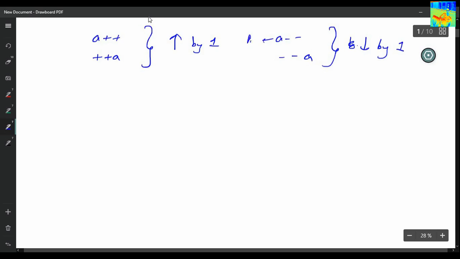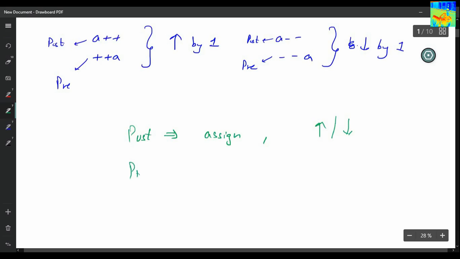This is post, this is pre. Similarly, this is post, this is pre. Post means first you assign and then you increment or decrement. Pre means first you increment or decrement and then you assign. So this is the basic difference between post and pre.